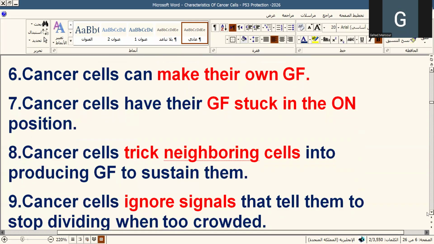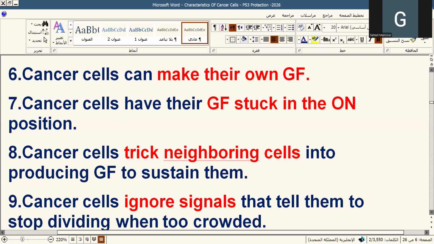And one of the mutations in the cancer cells allows them to make their own growth factor. So the cell itself makes its own growth factor endogenously, and this growth factor is very effective, and therefore they do not need growth factor from the external environment.